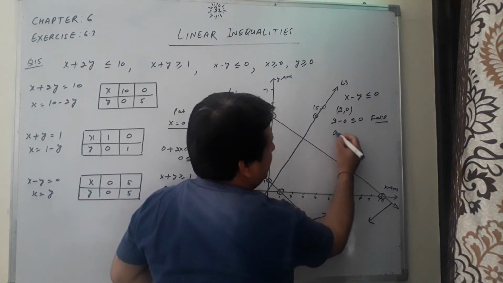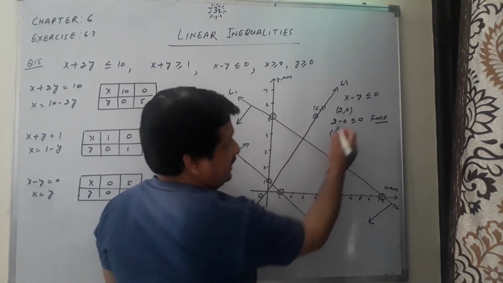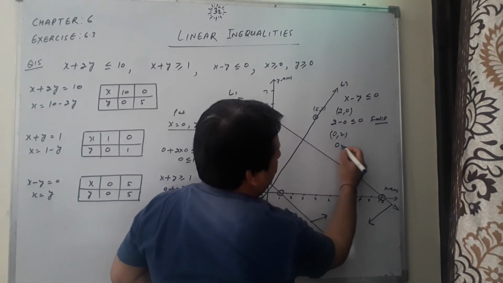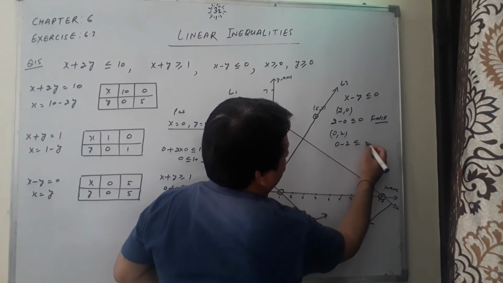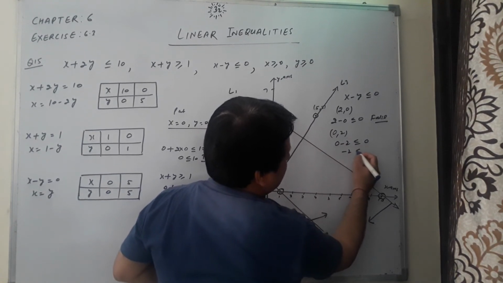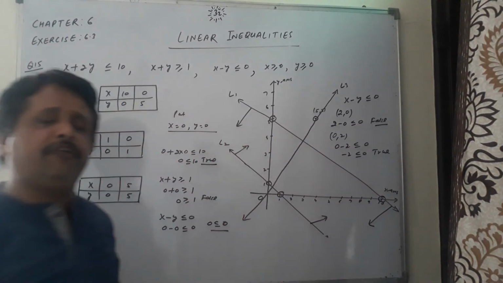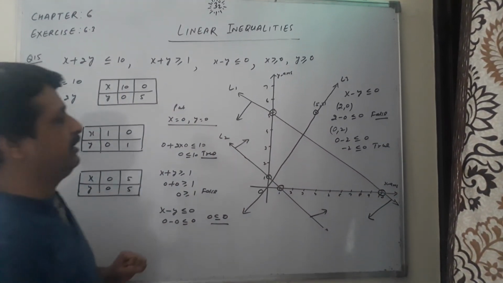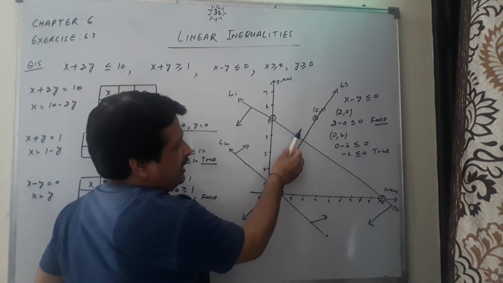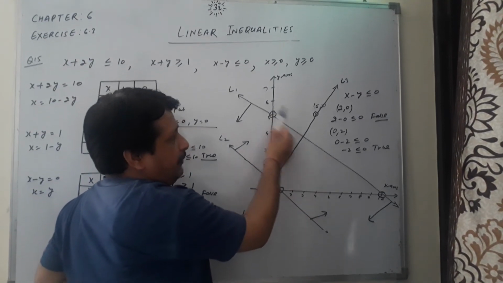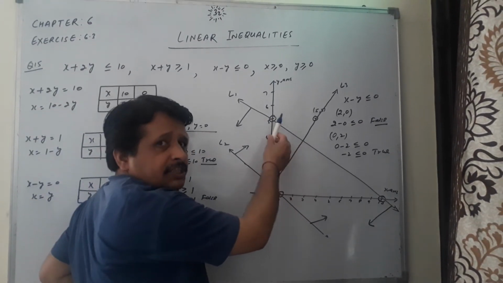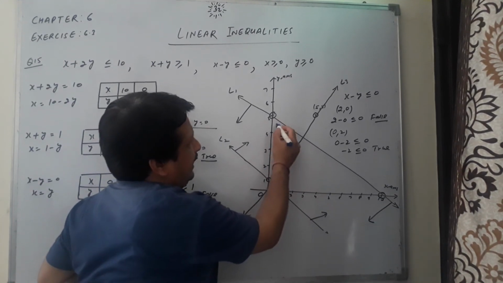If I take 0 and 2, then what you will see, students, is that 0 minus 2 is less than or equal to 0, minus 2 is less than or equal to 0. It means it is true. So what idea we get from here is that the area is toward the y-axis.